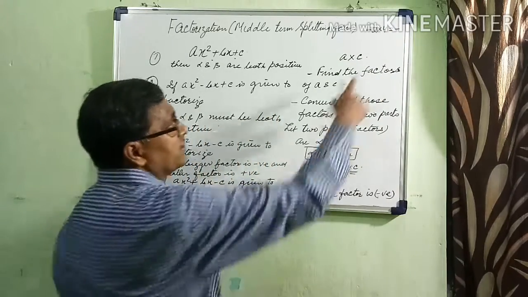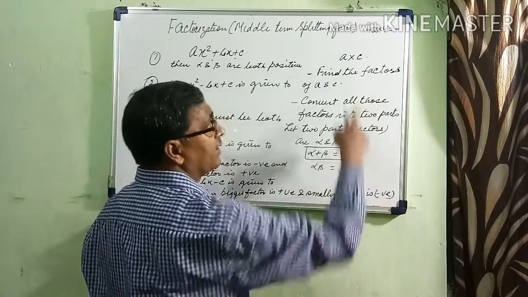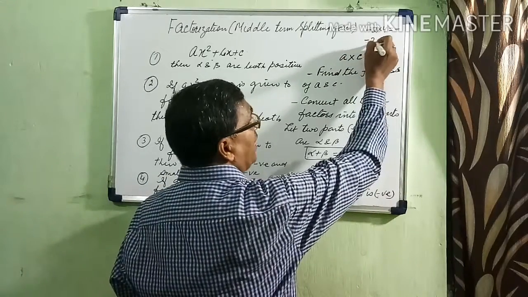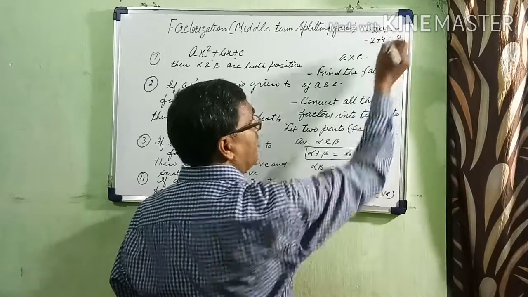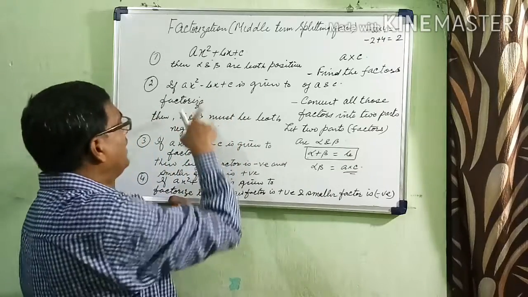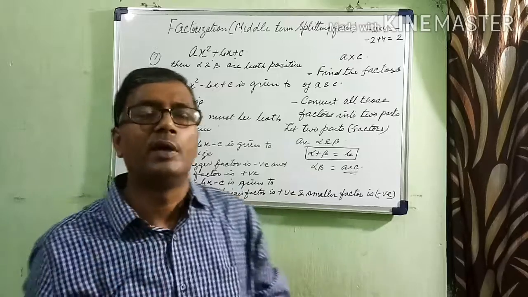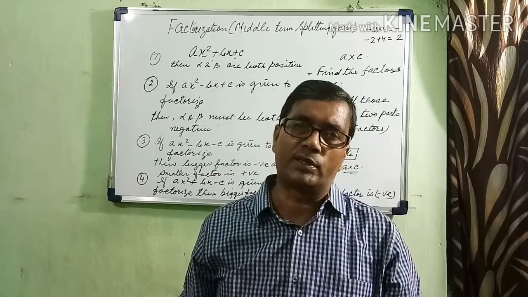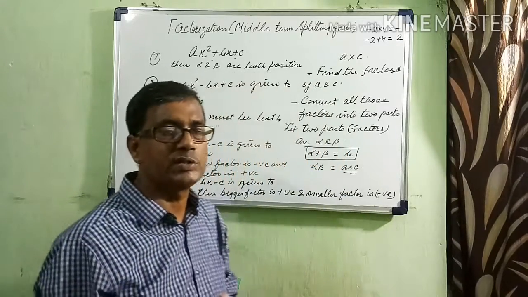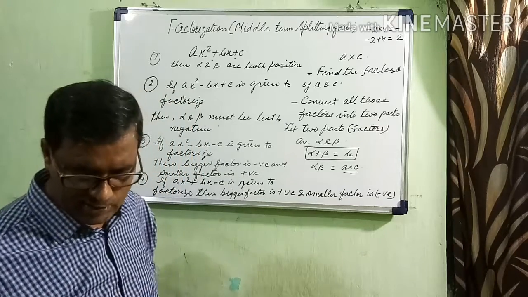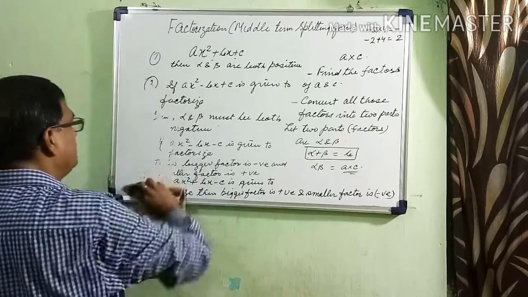The bigger factor is positive, the smaller factor is negative. But when you add minus 2 plus 4, it will be plus 2 only. So the middle term is plus 2. This is what you have to keep in mind, how to take the factors. Now when I discuss the questions, it will be more clear. So let us discuss a few questions based on it.